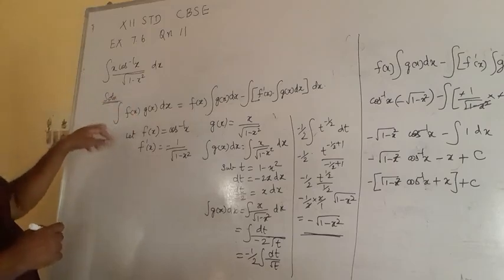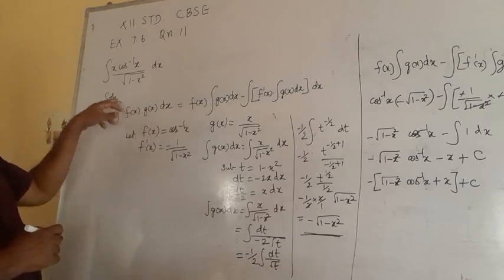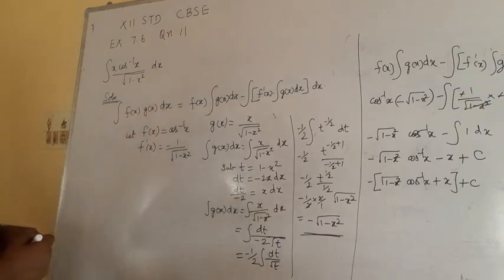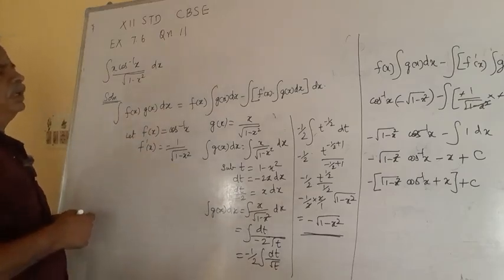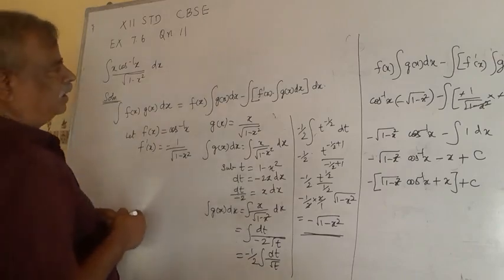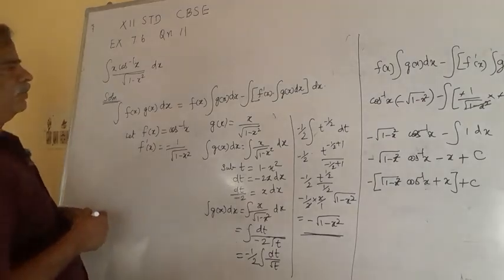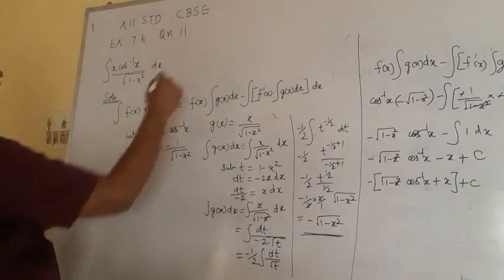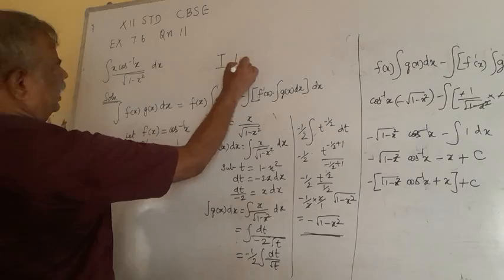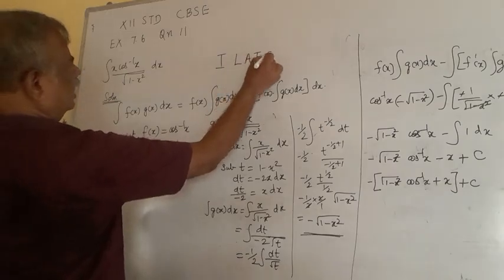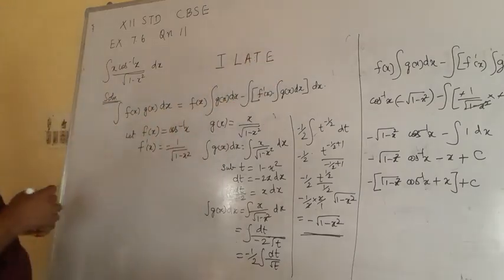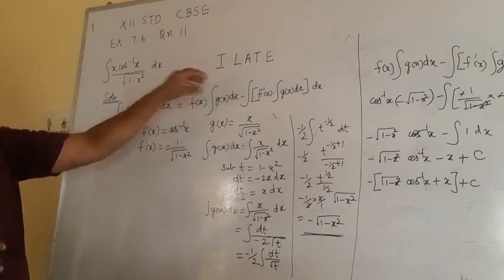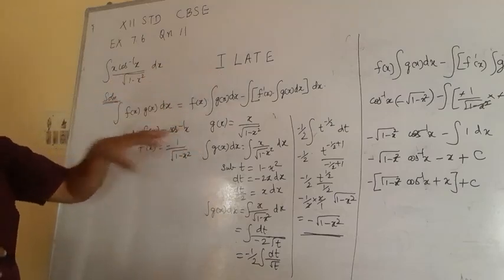That is, integration of f of x g of x dx is equal to f of x integration of g of x dx minus integration of within bracket f dash x into integration of g of x dx whole bracket dx. That rule is the ILATE rule for taking the first function. What is the ILATE rule? For our convenience, if we take it in this manner, the sum becomes very easy.